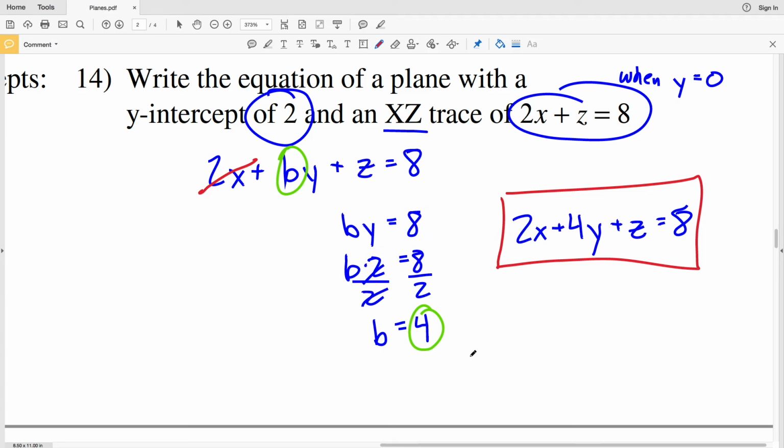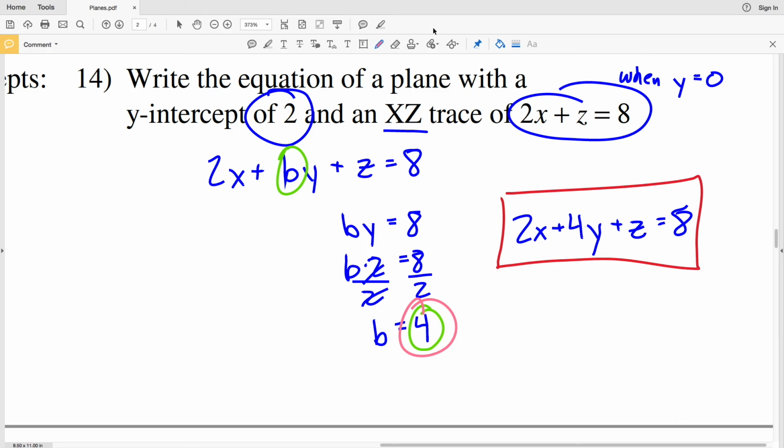And that gave me b of 4, so then I just took that value of 4, plugged it back in for my coefficient of y, which was the only coefficient missing from my entire equation, because the coefficient of x was 2 and the coefficient of z was 1, and the coefficient I solved for of y, which is 4. So again, my solution in number 14 is 2x plus 4y plus z equal to 8.